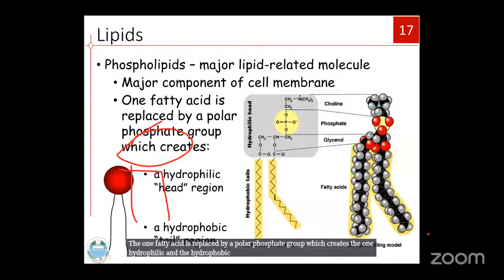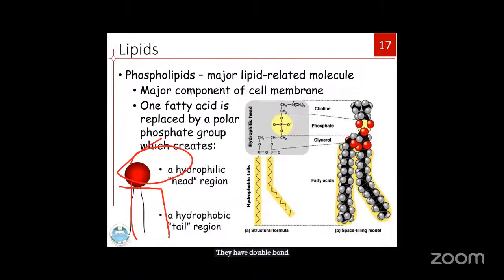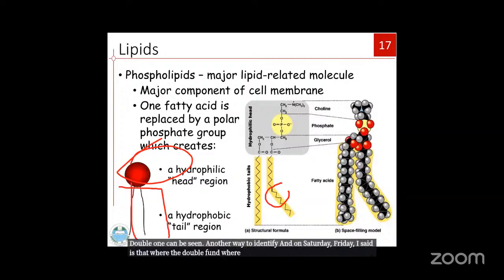Then you can see here we said our unsaturated fatty acids have a double bond. The double bond can be seen here. Another way to identify an unsaturated fatty acid is that where the double bond forms, you see a kink or bending.